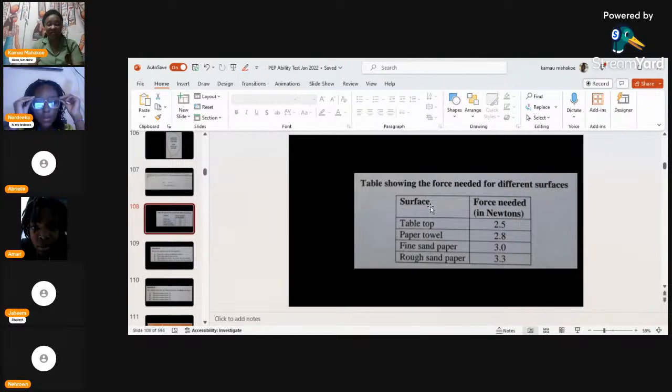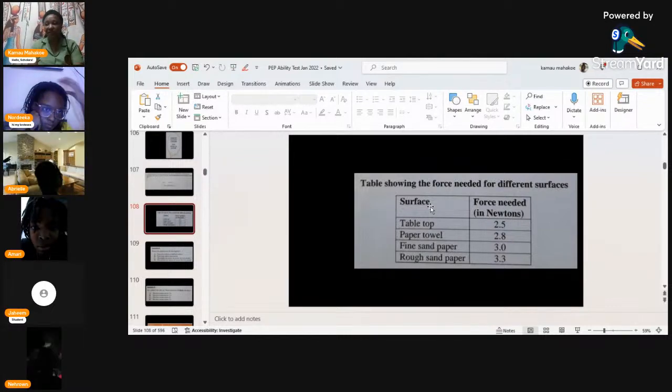And the reason it is used to smooth down surfaces is because it itself is quite rough and gritty, granular, right? So the texture of it is rough, but we have two grains of sandpaper here. We have the fine sandpaper, and then a rougher, tougher, grittier sandpaper. So what can we say based on the force that is needed to move the substance over each of these surfaces?